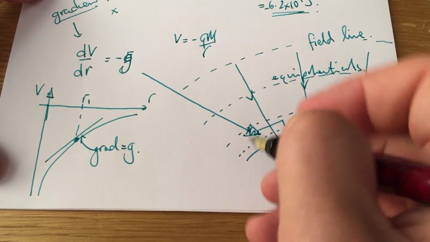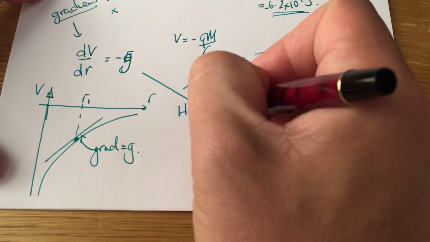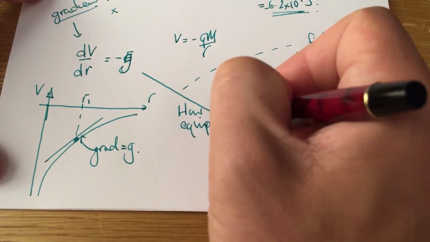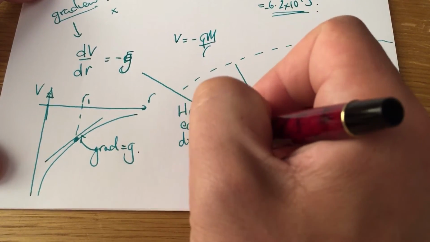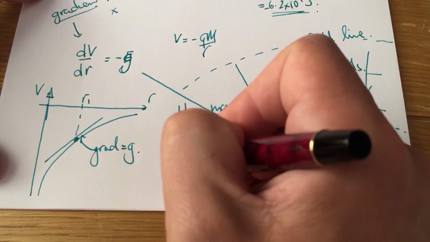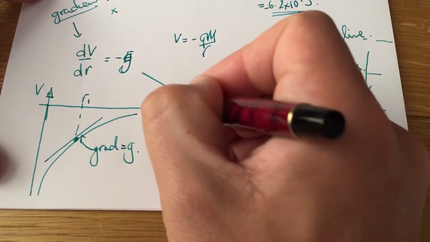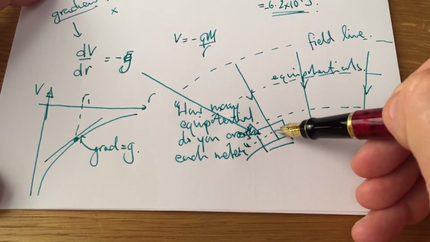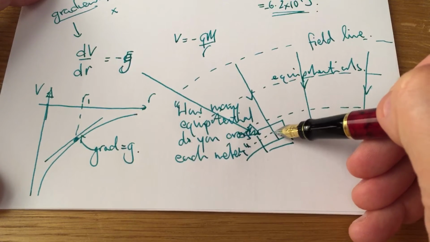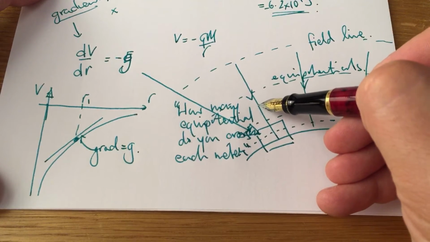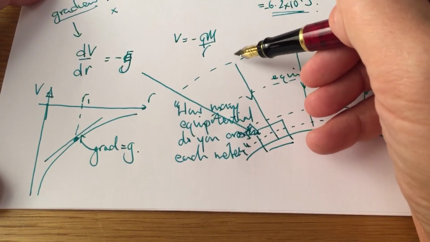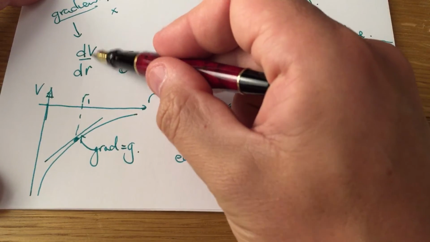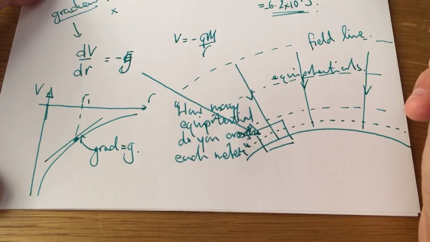Another way of stating g is to say how many equipotentials do you cross each meter? In other words, as you move along here, the more equipotentials you cross in the same unit distance, the stronger g is. As you move out here, you're going to cross fewer of them in the same distance. As you move out here, even fewer of them in the same distance. So actually, how many you're crossing in a given distance is how strong the field is.